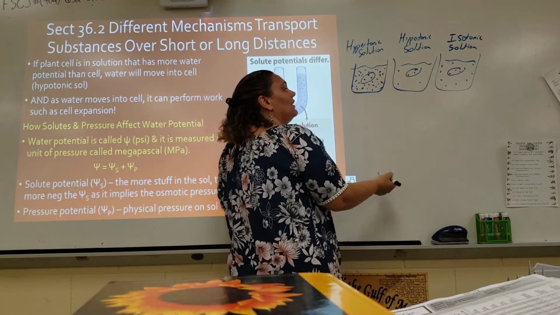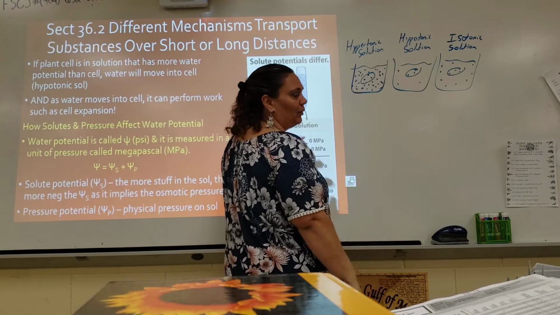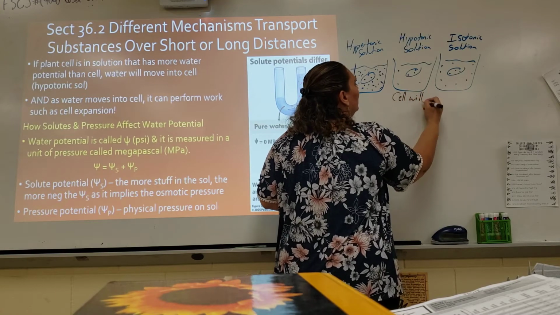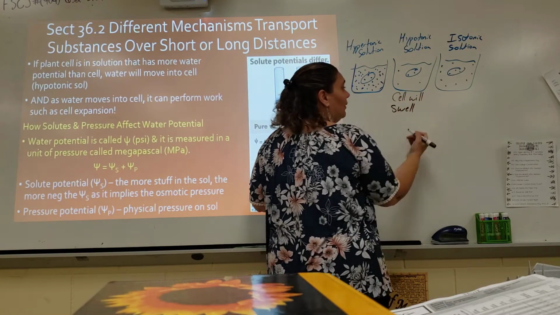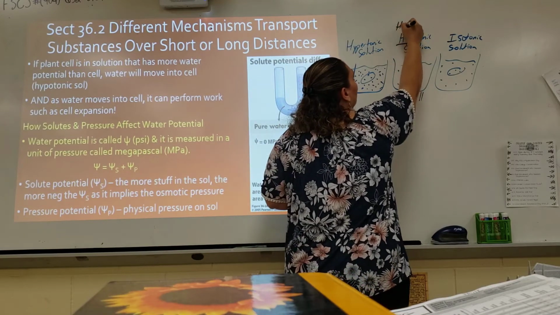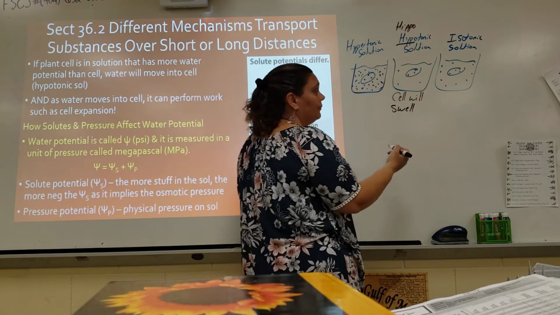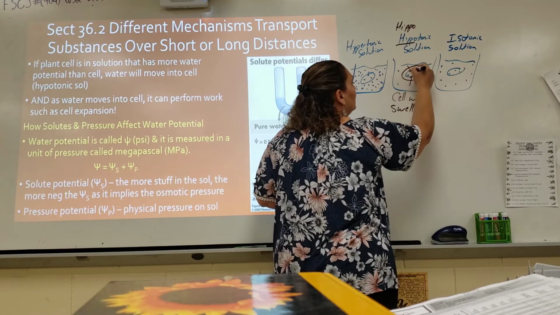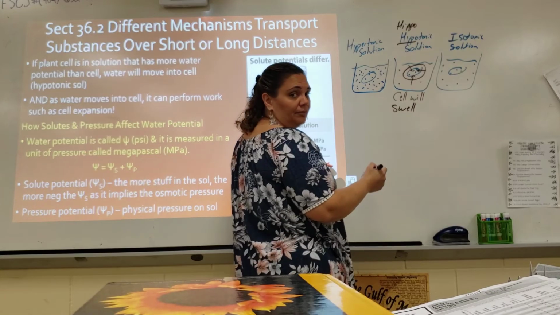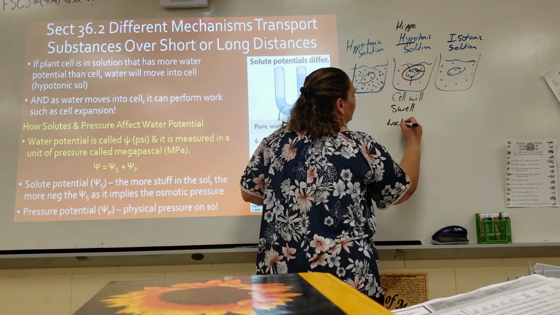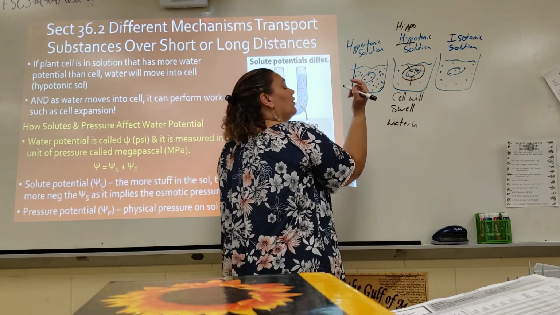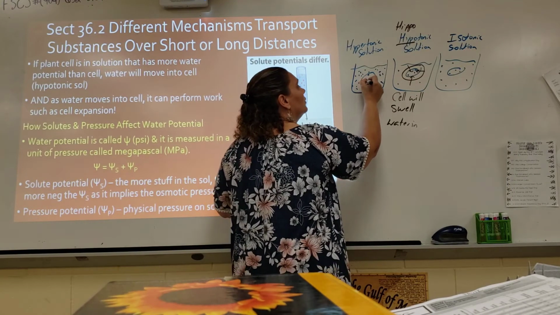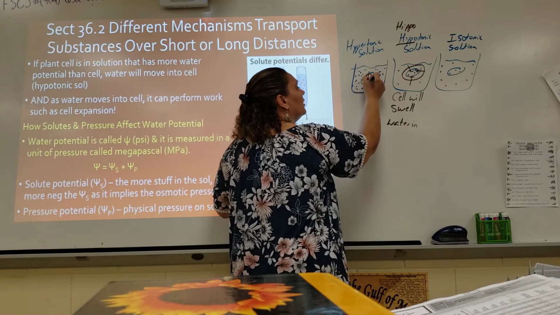So, if I have my cell in a hypotonic solution, the cell will swell like a big fat hippo, right? So the cell is going to swell because water is going to go rushing into the cell. You agree? So water in. If water rushes into a cell in a hypotonic solution, what's going to happen in a hypertonic solution? The cell will shrink.